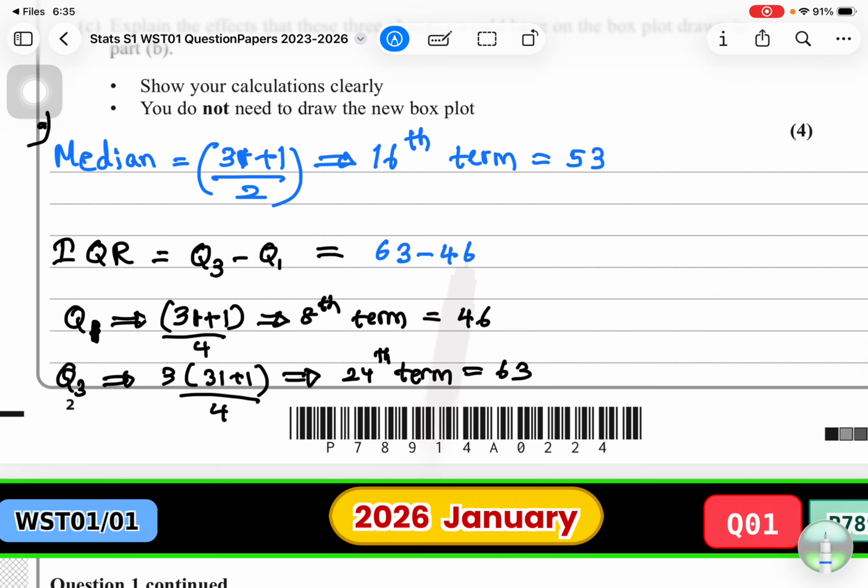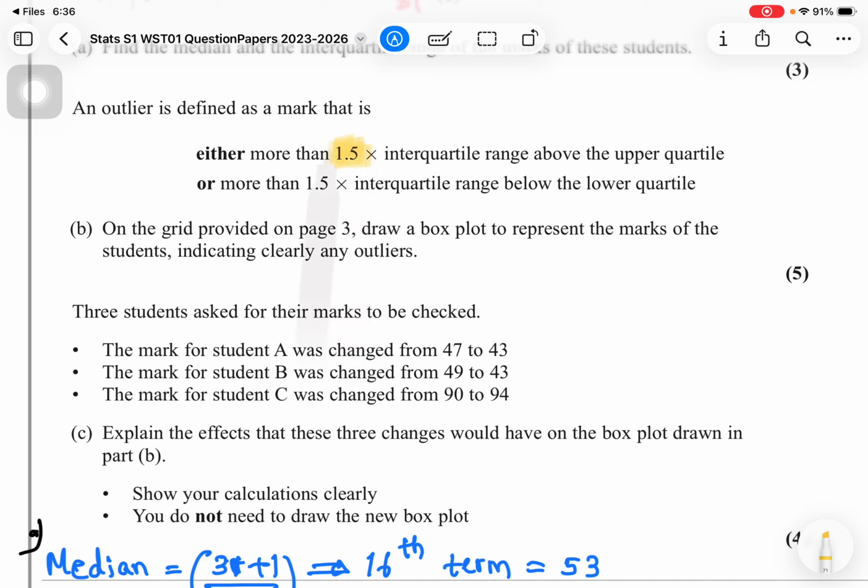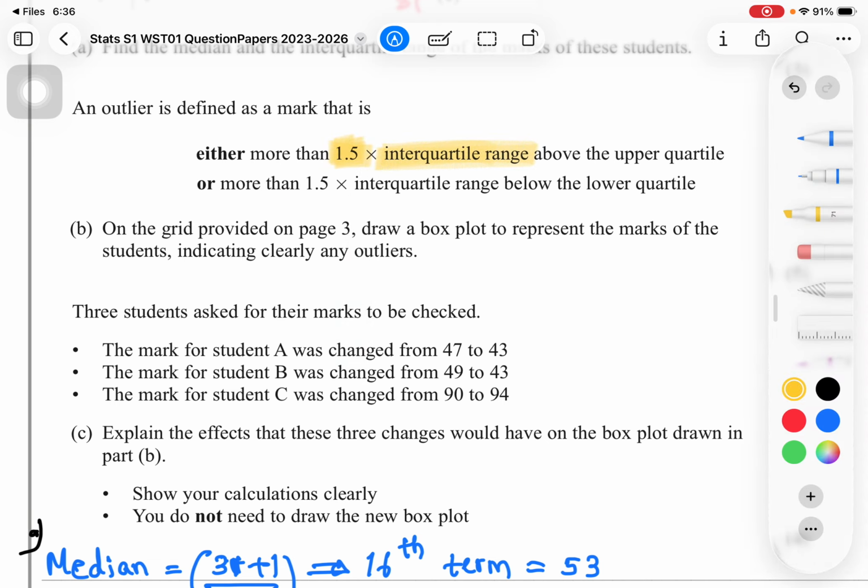Now they are saying, on the grid provided on page 3, draw the box plot. They also give us the rule for outliers, which is 1.5 times the interquartile range. Let's go to page 3 and see, because the figure is there. Let's do the working there.